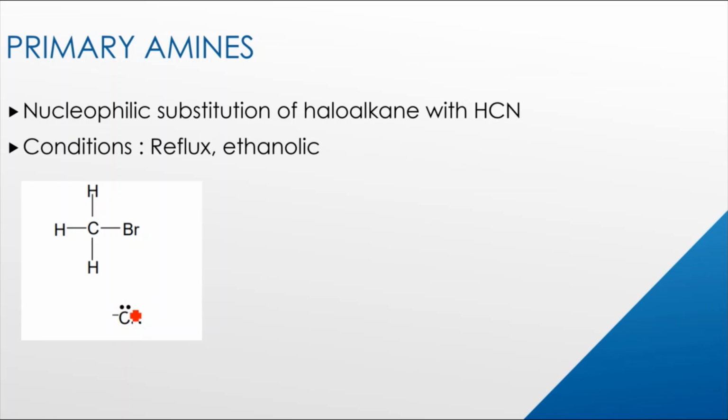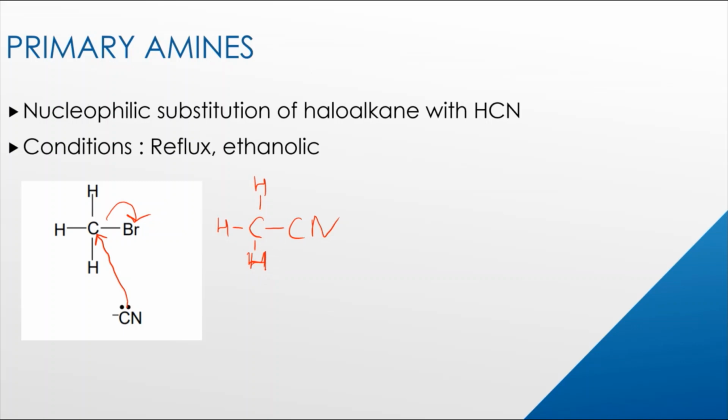So now that lone pair can simply be attracted to that delta positive carbon again, forming a bond with the CN, and this would be kicking off the bromine. So we would end up having a CN there and the hydrogens stay on as before.